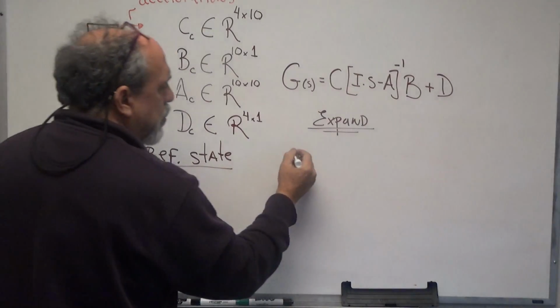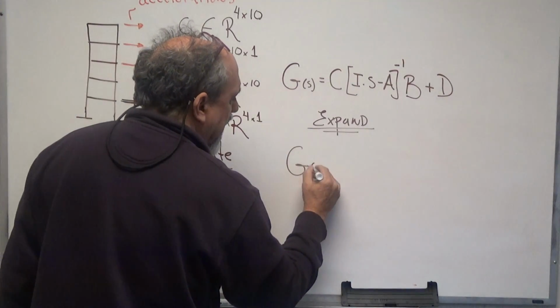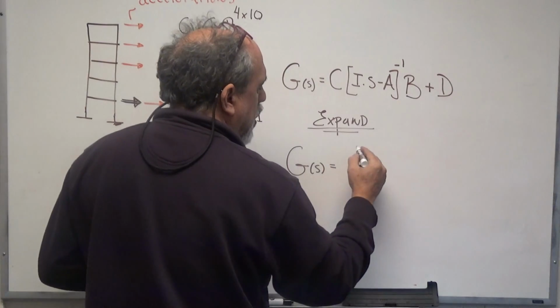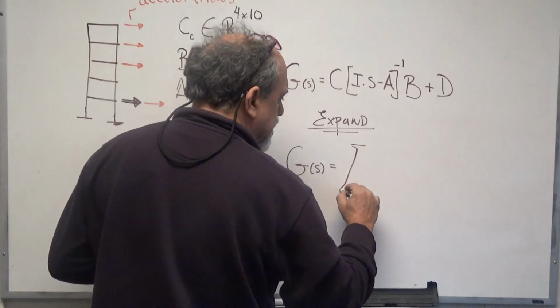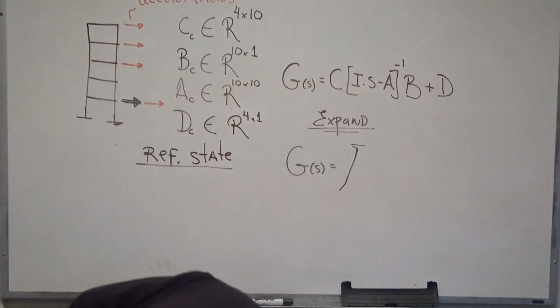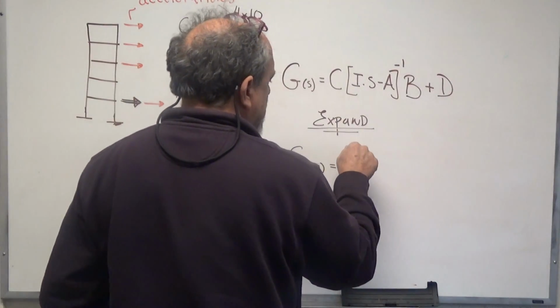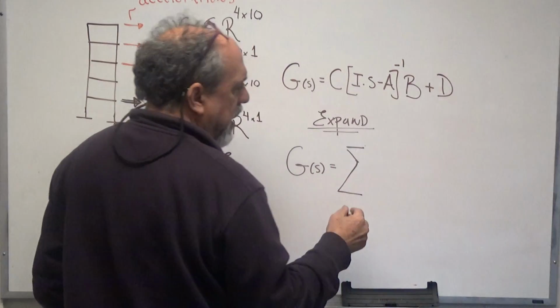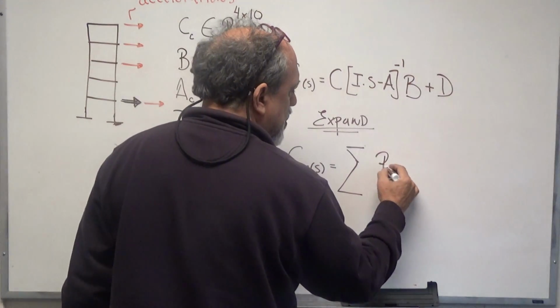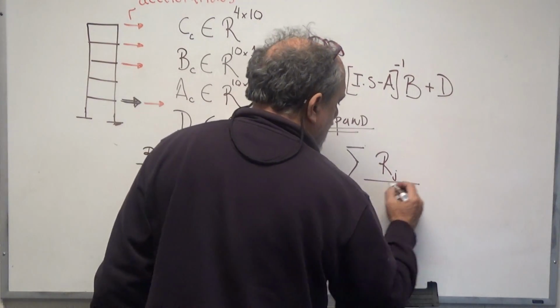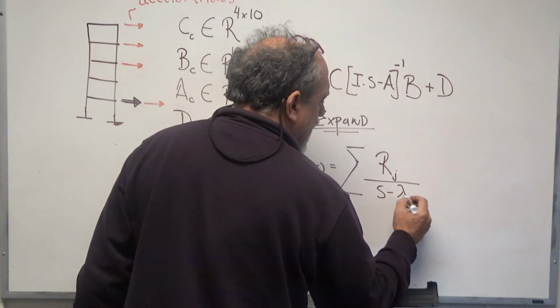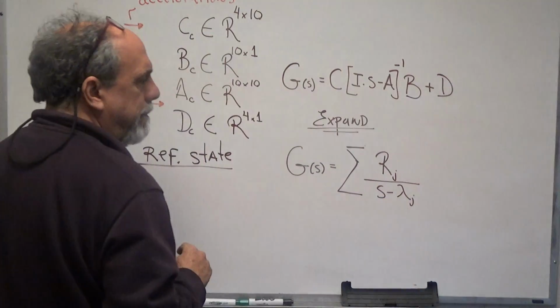Because what we're going to do is to say that G(s) is equal to the summation of the residues divided by s minus lambda_j, right?